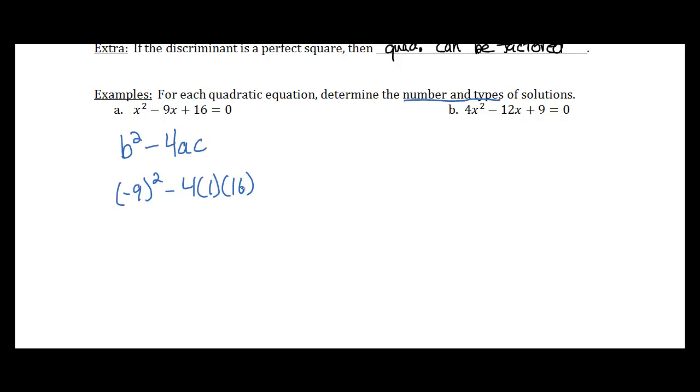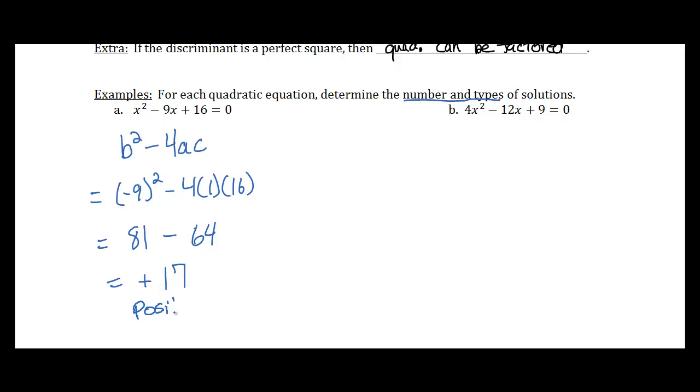And so negative 9 squared is 81. Minus 4 times 1 times 16, that'll give you negative 64. And if you subtract 64 from 81, you're going to equal a positive 17. Okay, so my discriminant here is positive.